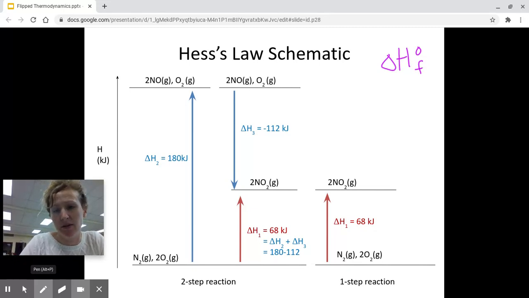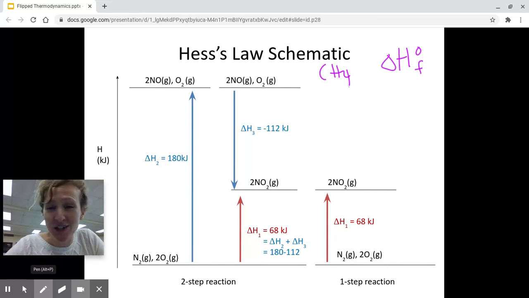Let's use CH4 again. A formation reaction is always going to be from elements to the compound that you're looking at. So when you write a formation reaction, it must be from elements to the molecule that you're looking at.